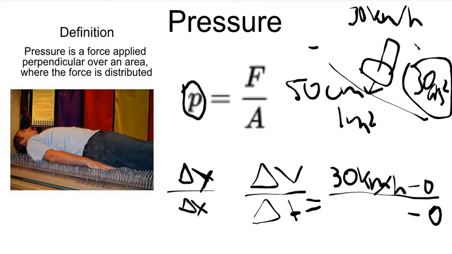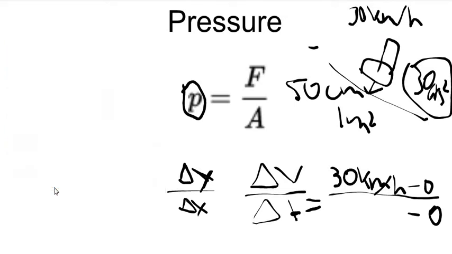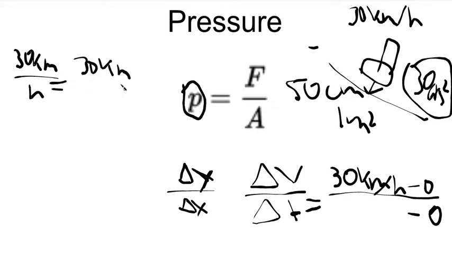So let's convert 30 kilometers an hour to meters per second, or better yet, centimeters per second. So we know that it's 30 kilometers per hour, or it's the same thing as 30 kilometers per 3,600 seconds. That's how many seconds there are in an hour. Now we have to convert 30 kilometers to seconds.